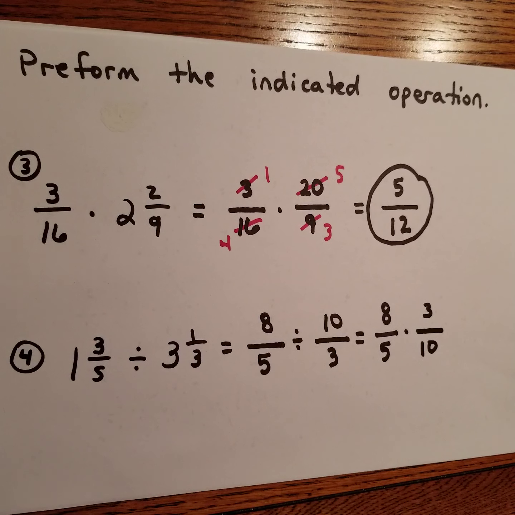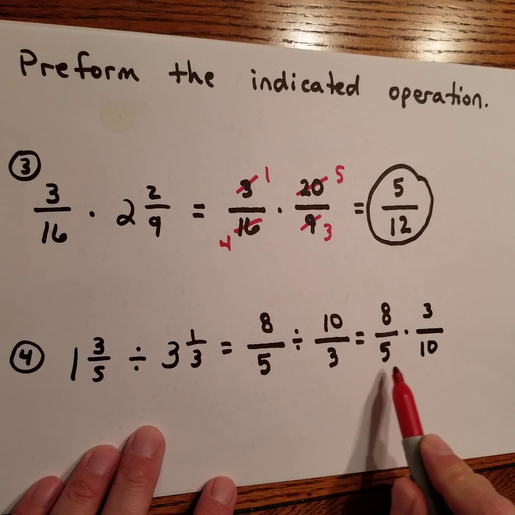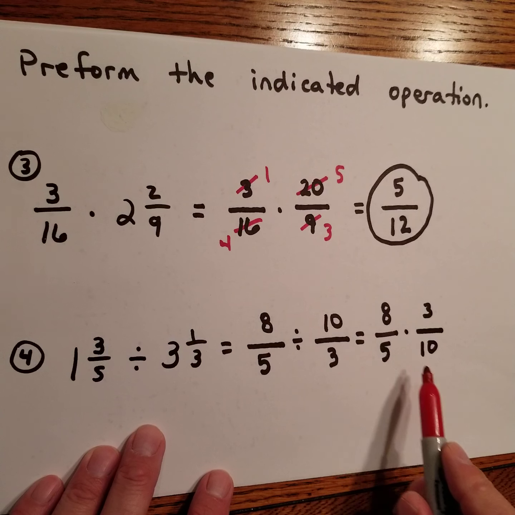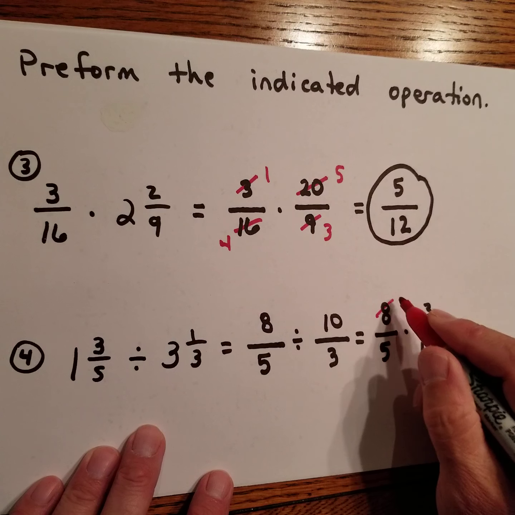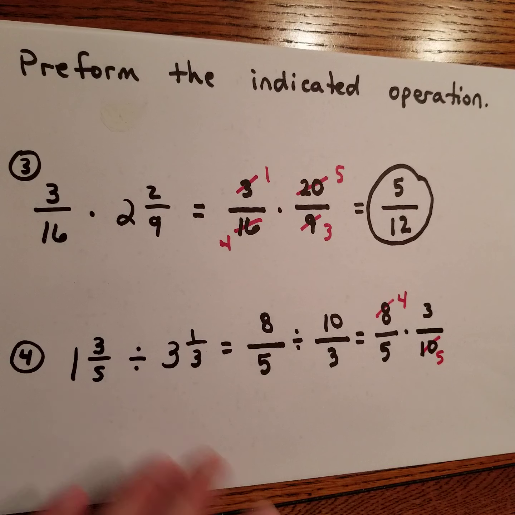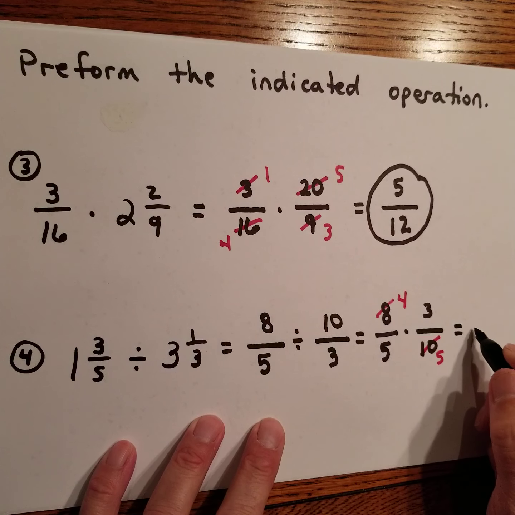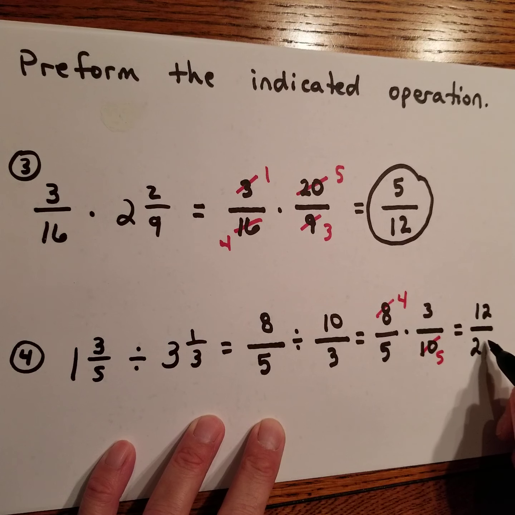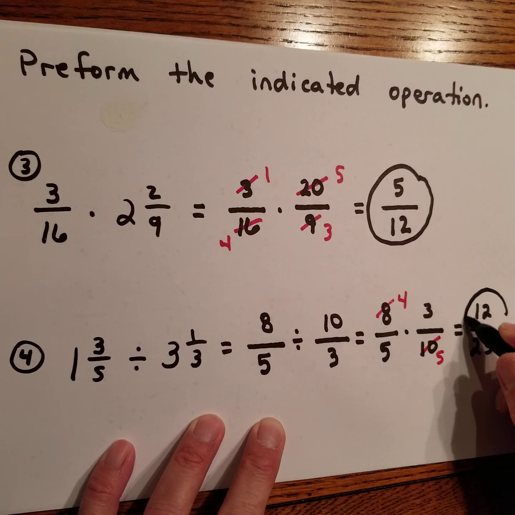Now look to reduce before you multiply, but never reduce side to side, only tops and bottoms. I notice the 8 and the 10 are both divisible by 2. Now multiply the tops, multiply the bottoms. Beautiful.